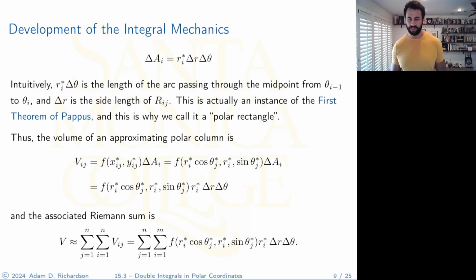Let's get a little bit of intuition for this. Intuitively, the area of that polar subrectangle is broken into pieces. If you look at this first piece right here, let me get a blue color here. Oh wait, I think I might have copied this down wrong. Hold on, give me one second.